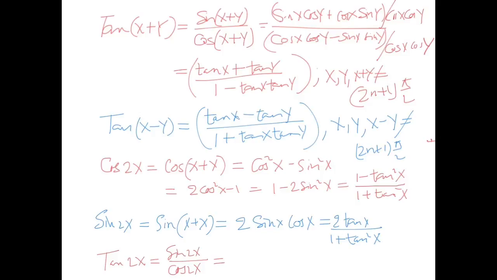If we do that, we see that this comes to 2 tan x, which is the numerator of the sin 2x expression, and the denominator here would become 1 minus tan squared x, and the denominators of the two terms cos 2x and sin 2x expressed in terms of tan x would get cancelled out.